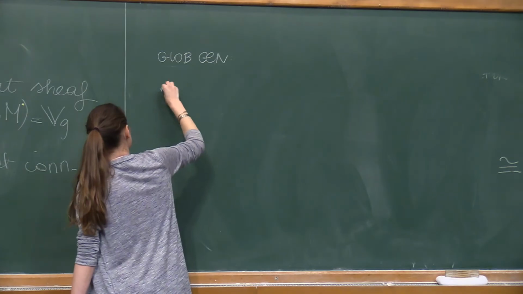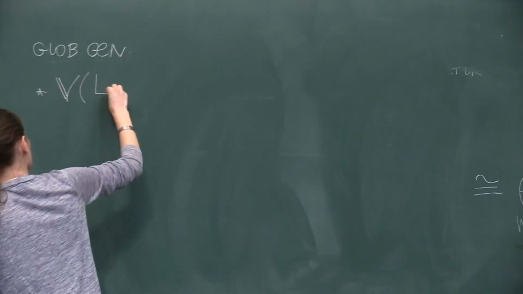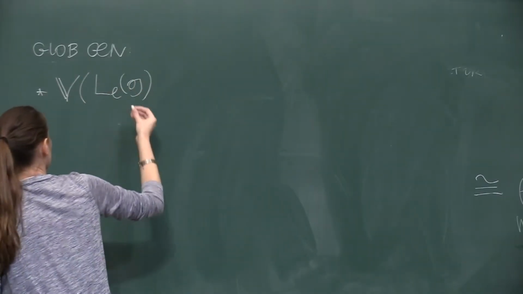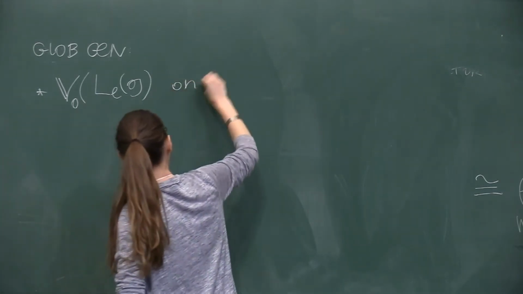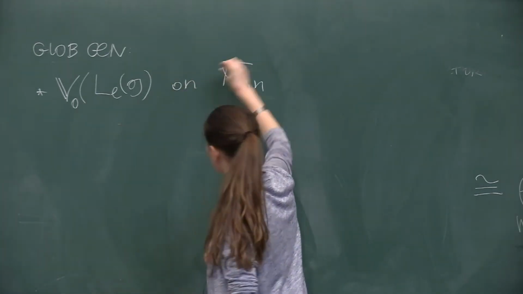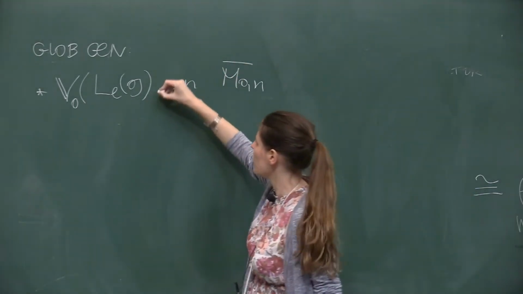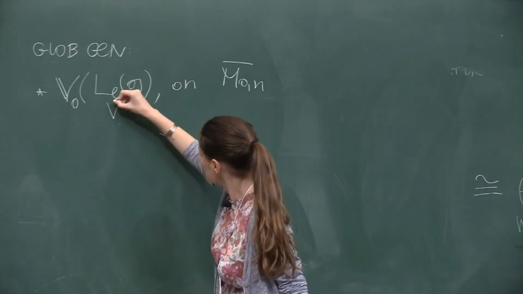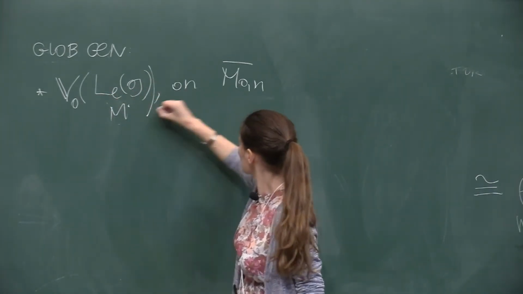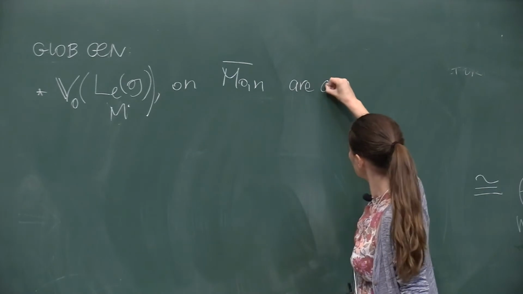Right, so maybe let me say this. If you are on genus 0 and you put any representations, let me call them M to the left, these are globally generated.